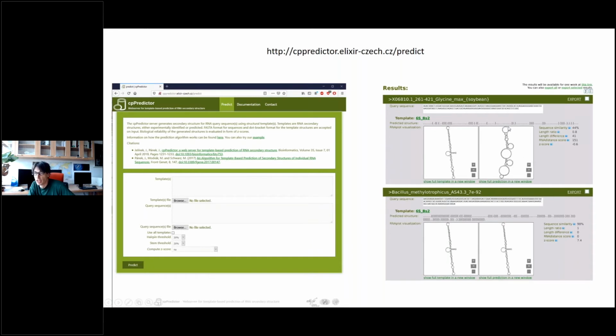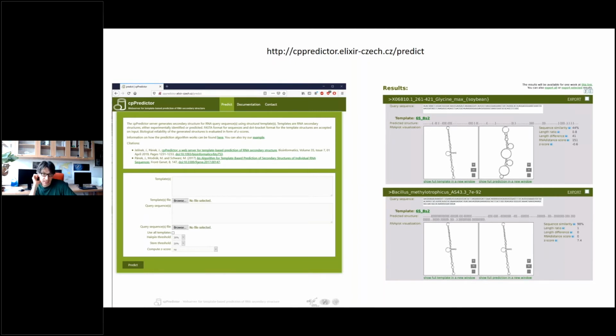And as you can see, the predicted structure is really bad. But it doesn't mean that the prediction is wrong, because simply this sequence cannot adopt this structure. And in this case, it's clear. But there are predictions where it's not that clear whether the predicted structure is well formed or bad.